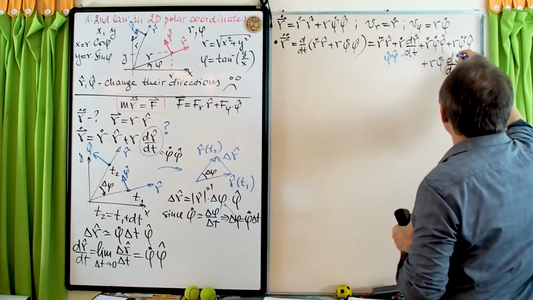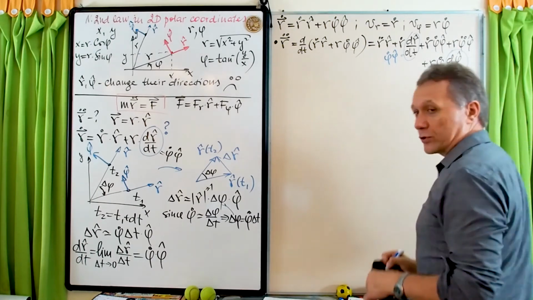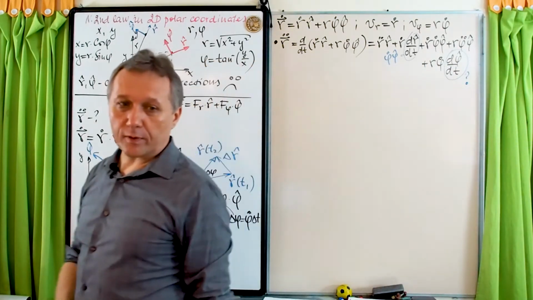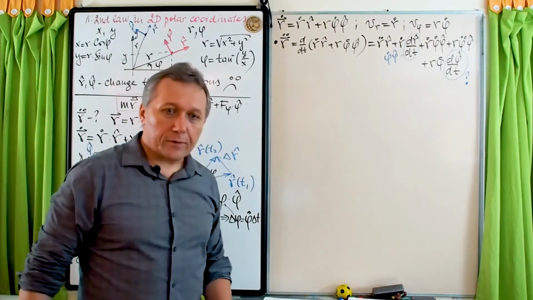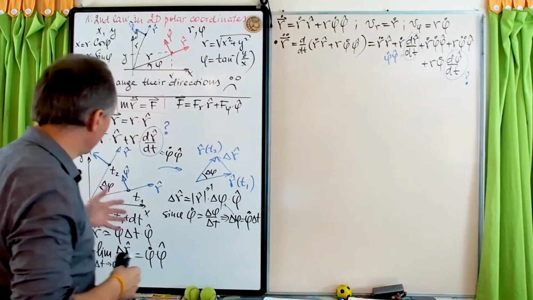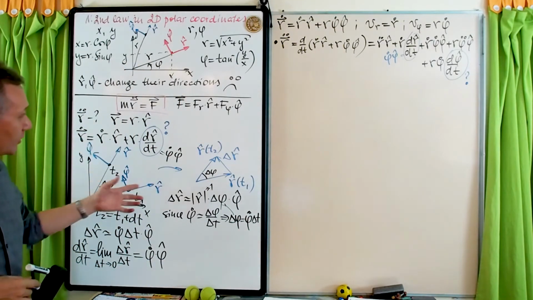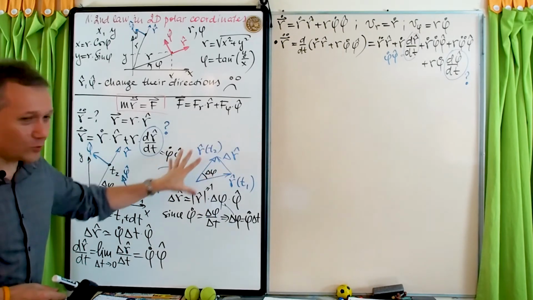So this is now our major trouble. We need to find that derivative, how phi hat changes with time. Right. Okay, and we're going to recycle the same picture. So here we took r hats and drew this picture.